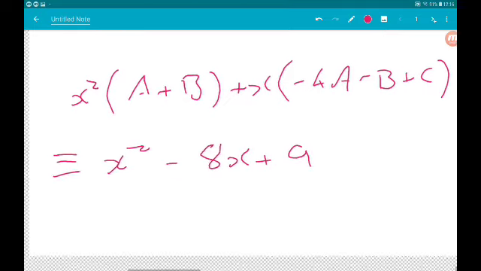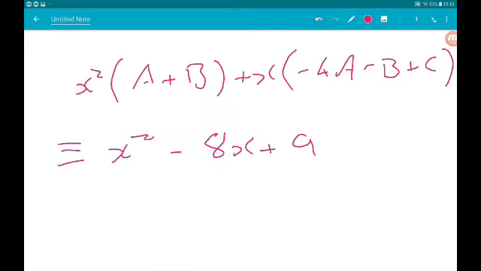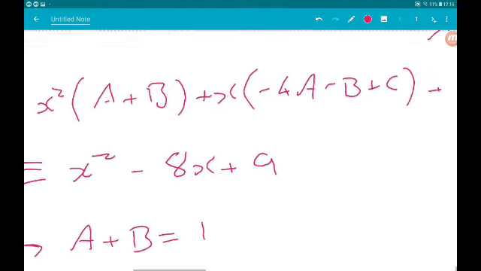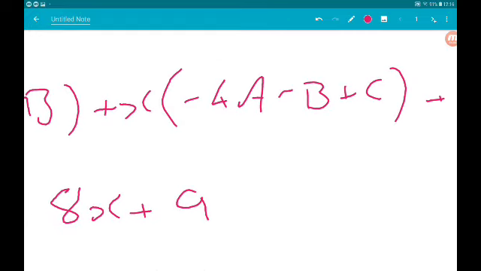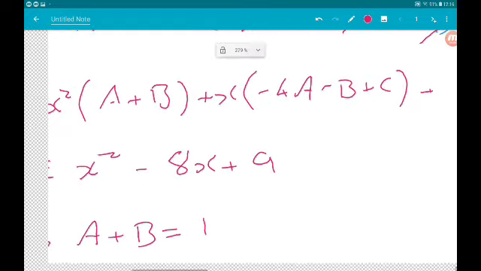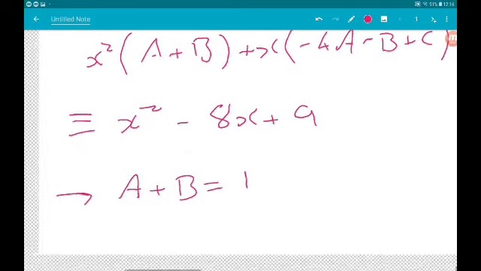So that means that A plus B is 1. It means that minus 4A minus B plus C is equal to minus 8.